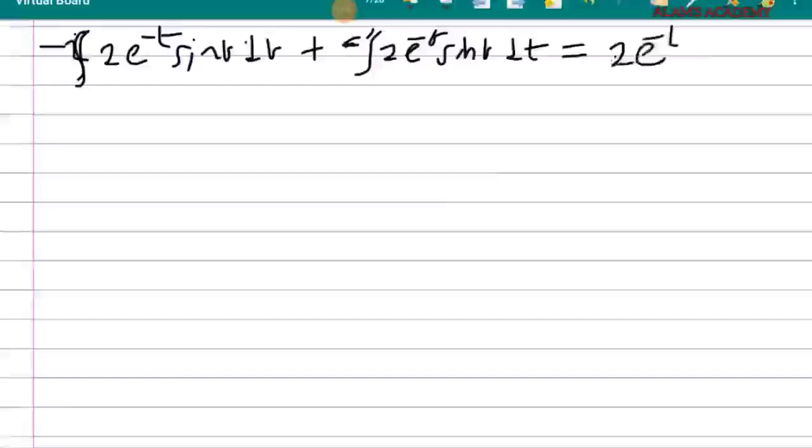and this is all equal to 2e^(-t) sine t plus 2e^(-t) cos of t.